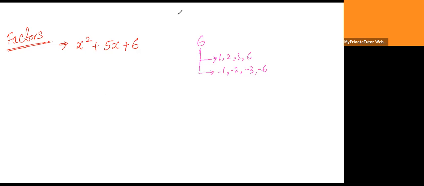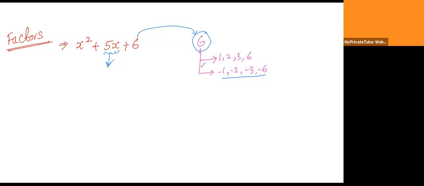I hope it might be confusing you guys, but take this last digit, which is the constant. Then find the factors. Write the negative factors as well. It might help in some ways. And then what we need to do, what is the middle term? This is the middle term, guys.